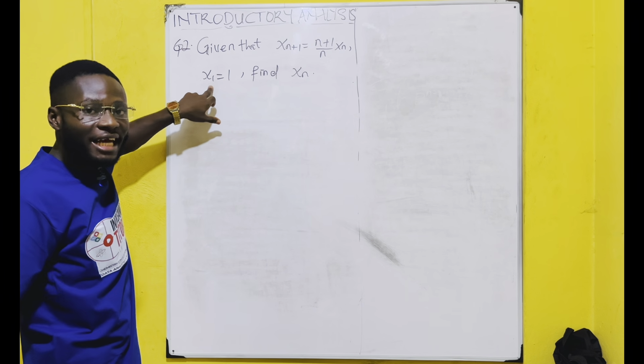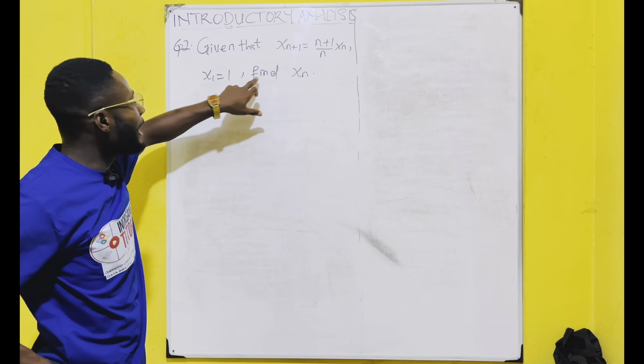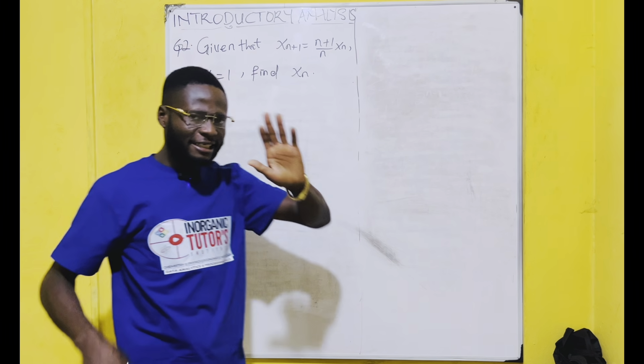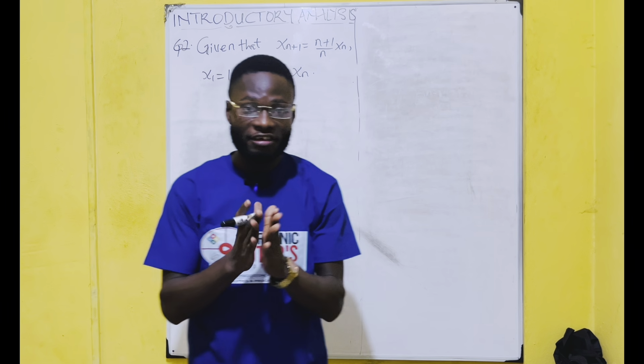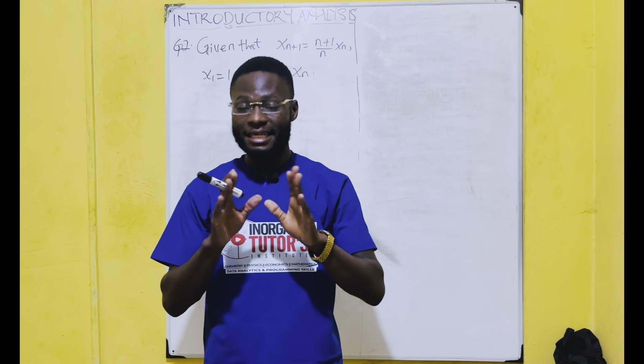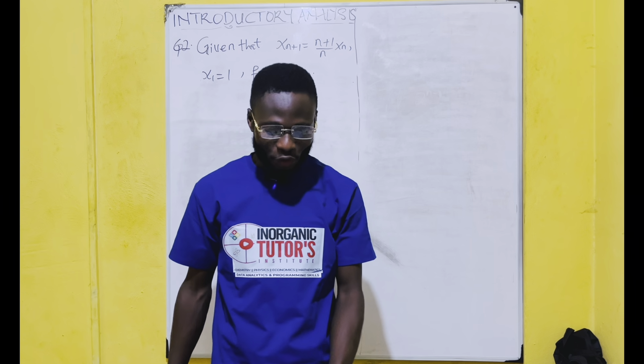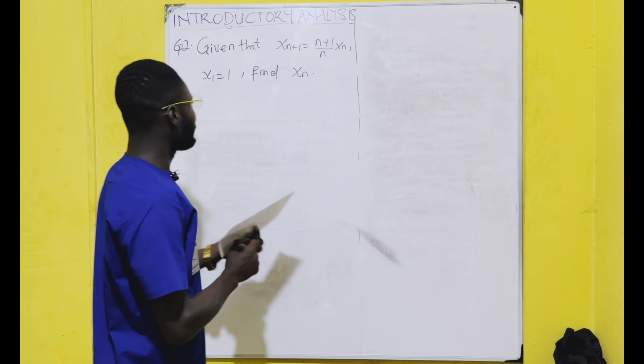We have been given S1 to be 1, and then we are asked to find Sn. This kind of problem is one of the easiest that you can have as a student. So let's begin with the process.